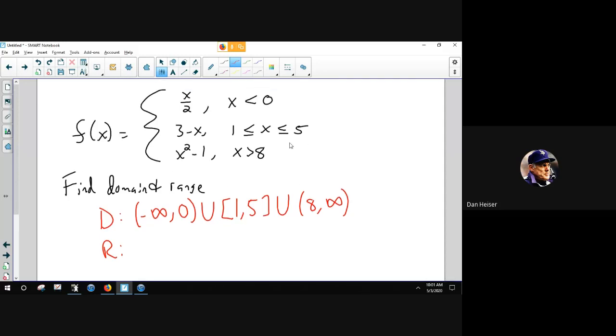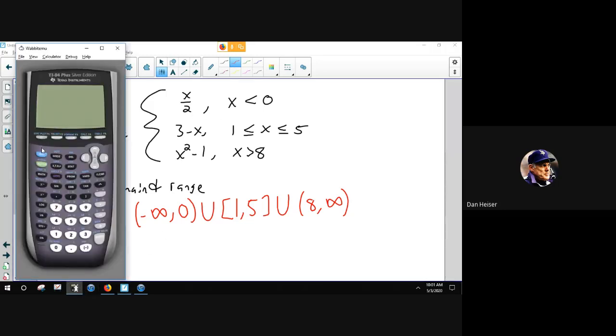Let's find the range. I'll graph each piece. X over 2. Keeping my parenthesis. I shouldn't have to change too much here. Change that to a 2. X still less than. I just need to make that a 0. Okay.